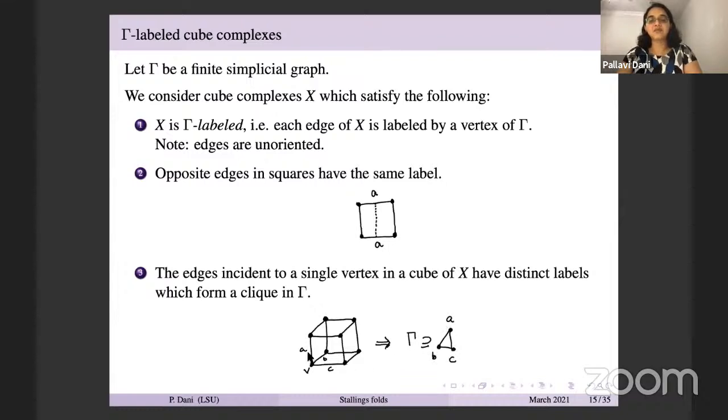So in this case, we've got A, B, and C. And the fact that you have this cube here means that in the graph, you would see a triangle. In other words, A, B, and C are mutually commuting elements in the group, and that's why there's this cube which is recording the fact that they mutually commute. Okay, so these are the kinds of complexes we want to work with.